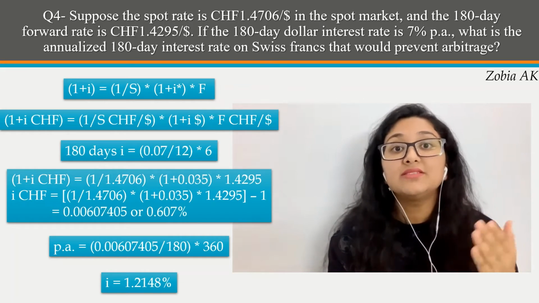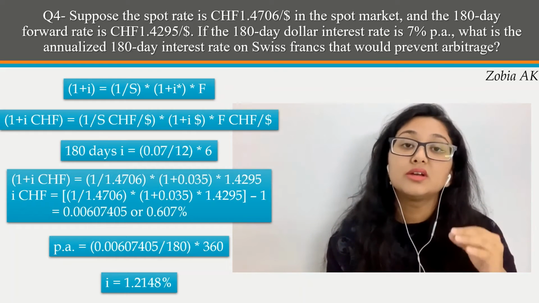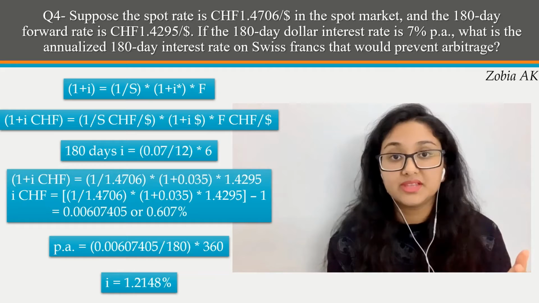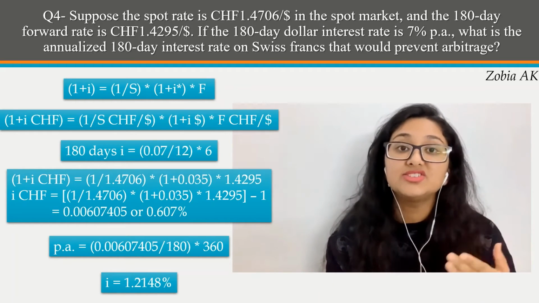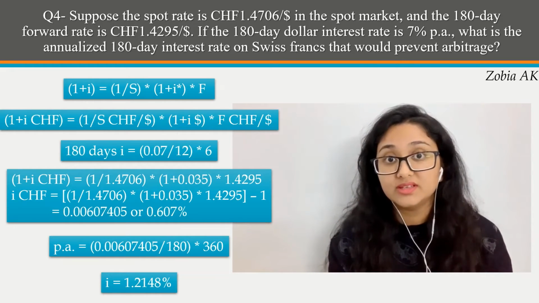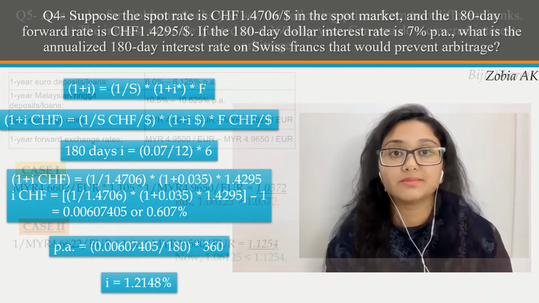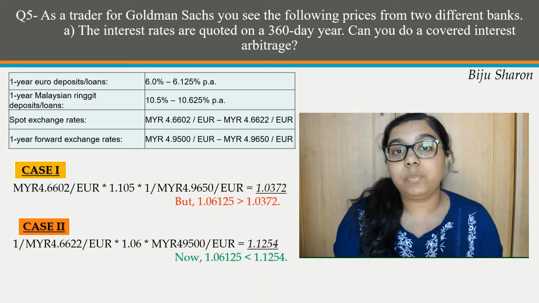So in this case, let's first apply the general expression of IRP to this situation using the 180-day interest rate. This gives us 0.607%. When annualized, the interest rate on the franc that would prevent any arbitrage opportunities would be 1.2148%.